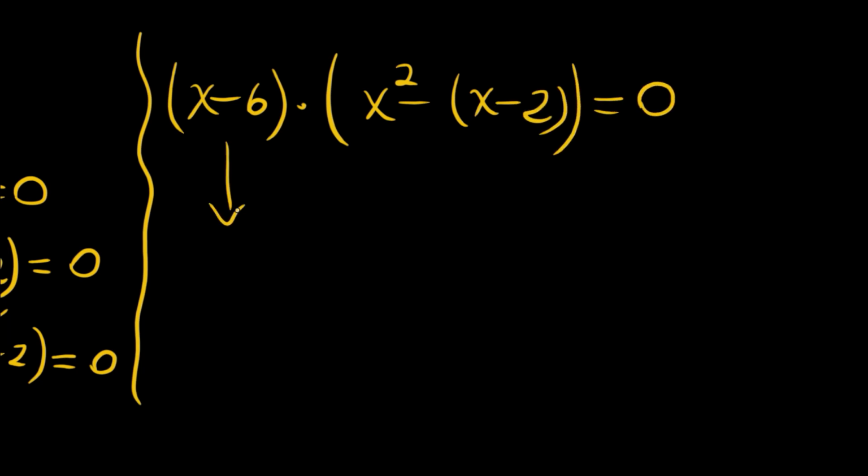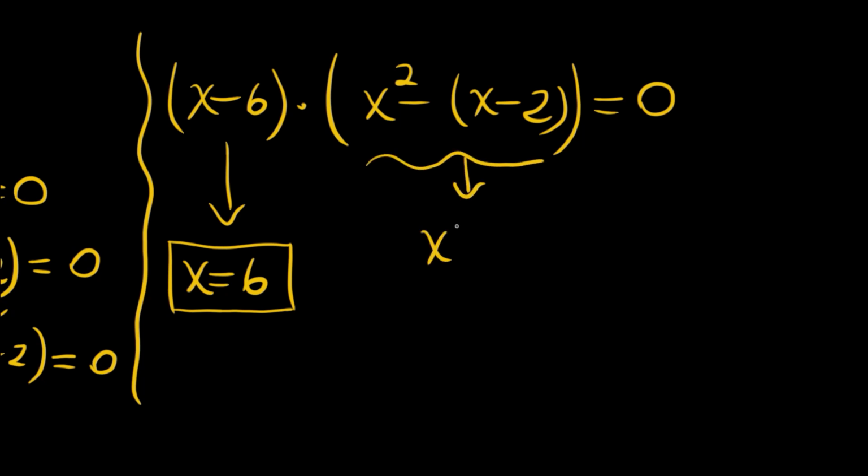So the first root is obviously, we'll check later, but this is x is equal to 6. This part is x squared minus x plus 2 is equal to 0.